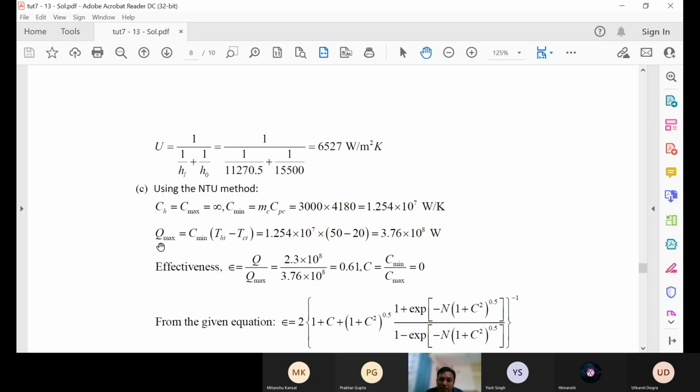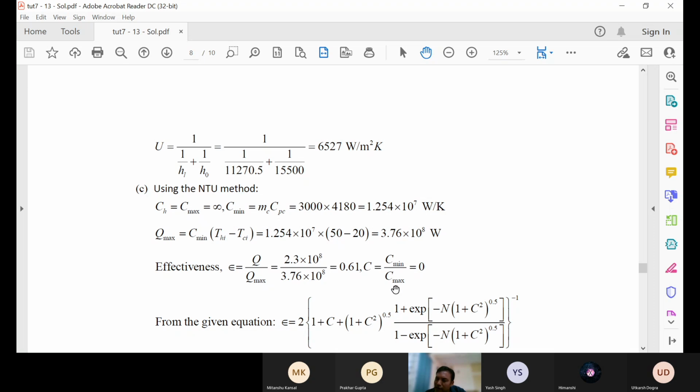So Cmin into THI minus TCI, the maximum temperature difference multiplied by Cmin, gives me Qmax. So Qmax comes out to be 1.254 into 10 raised to power 7 into 50 minus 20. What we get is 3.76 into 10 raised to power 8 watt. Now Q by Qmax is nothing but epsilon, and Q is already given in the problem as 2.3 into 10 raised to power 8, divided by 3.76 into 10 raised to power 8. The effectiveness value comes out to be 0.61. Also, Cmin by Cmax is what? Cmin is this value divided by Cmax, which is infinity.